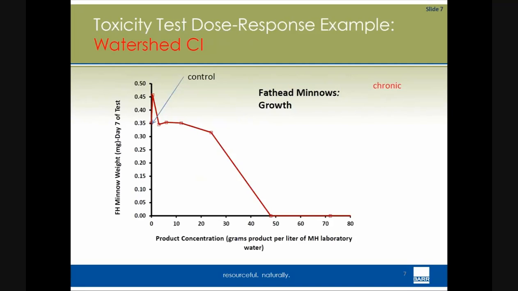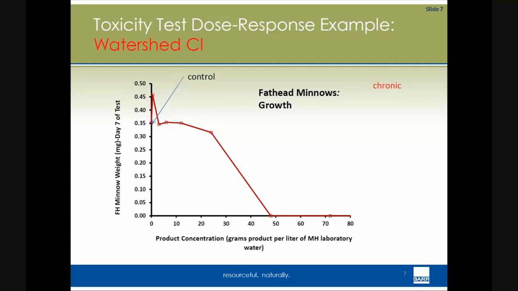So here's an example of testing that was done with Watershed CI, and it was testing that was done with fathead minnows, and this graph depicts that dose-response relationship that I talked about for a chronic test. The x-axis is product concentration. So we measured out different volumes, converted to grams of product, introduced into a liter of laboratory water.